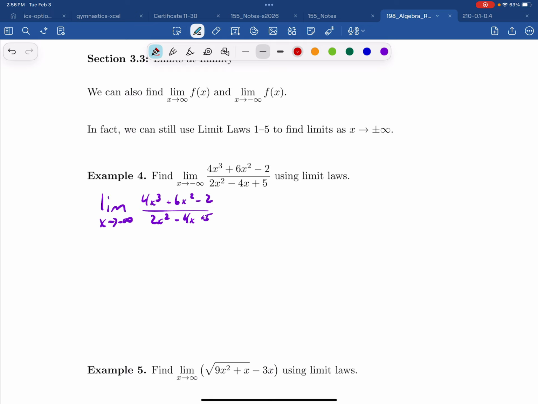Because as x gets really, really large, we're concerned only about the leading term, because cubing a large number is so much bigger than squaring a large number. It doesn't even matter what the coefficients are. These terms are effectively irrelevant. And because the degree is odd, and x is approaching a negative, we're going to -infinity.